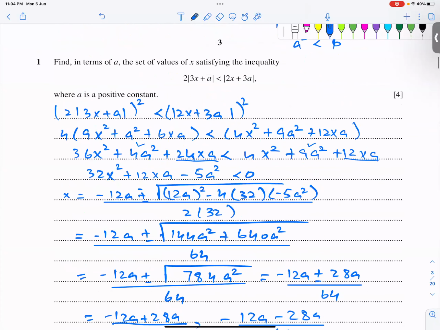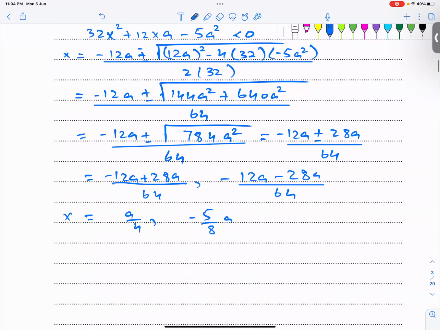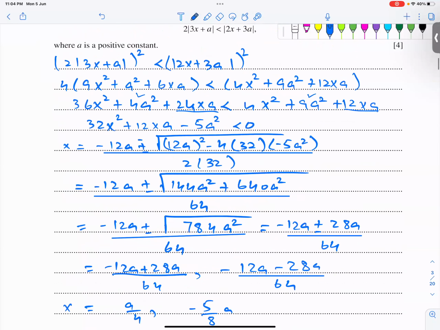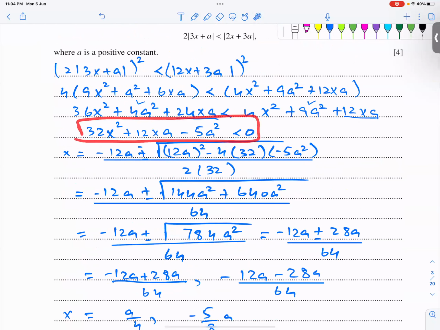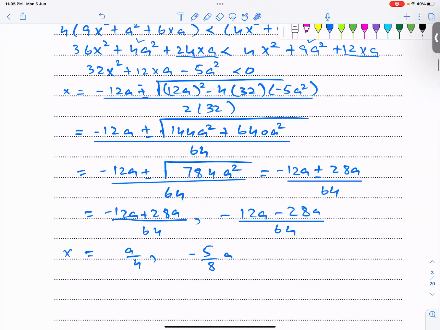If you look at the question, a is positive. So a is any positive number. There is another concept we have studied while solving the quadratic inequality, or any inequality: you always take the test points. So now we are going to take the test points.